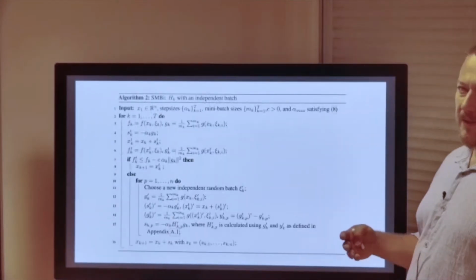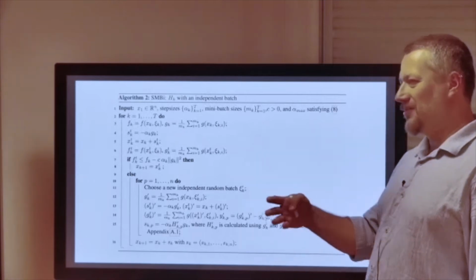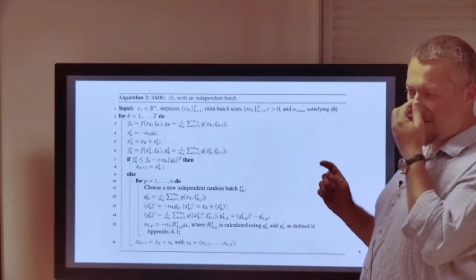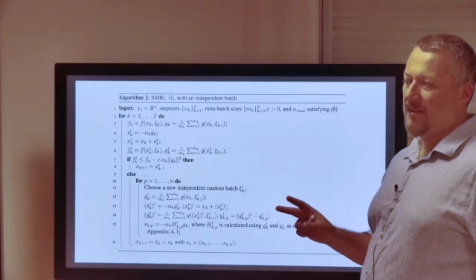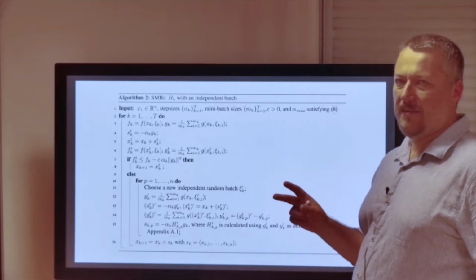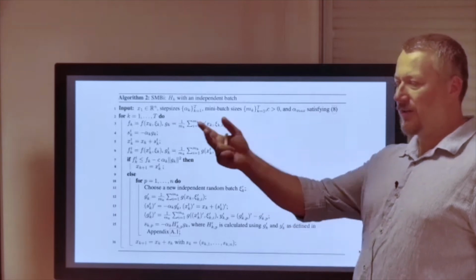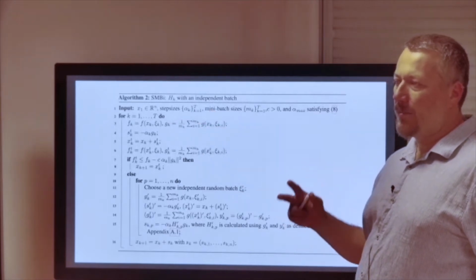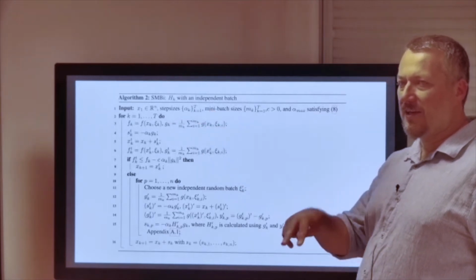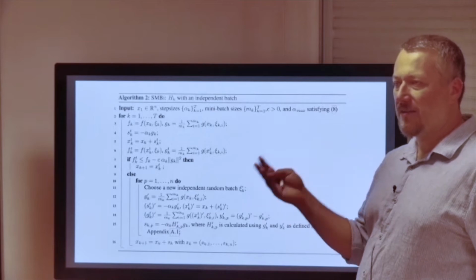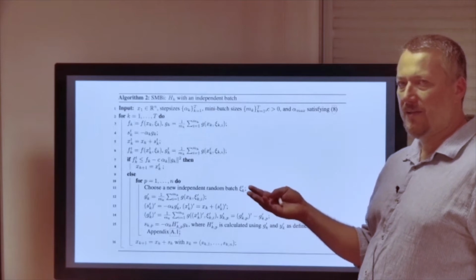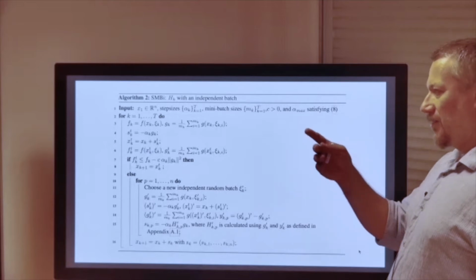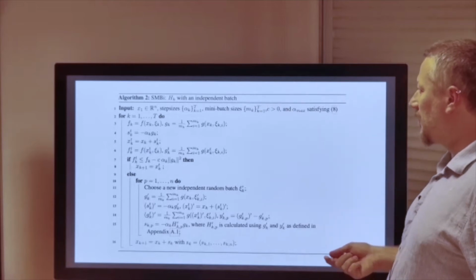So the problem with SMB, just to mention briefly, is that in SMB, the matrix calculated satisfies this inequality in terms of positive semi-definiteness, but unfortunately HK is not independent of GK, the randomness of the gradient, or CK in that sense.